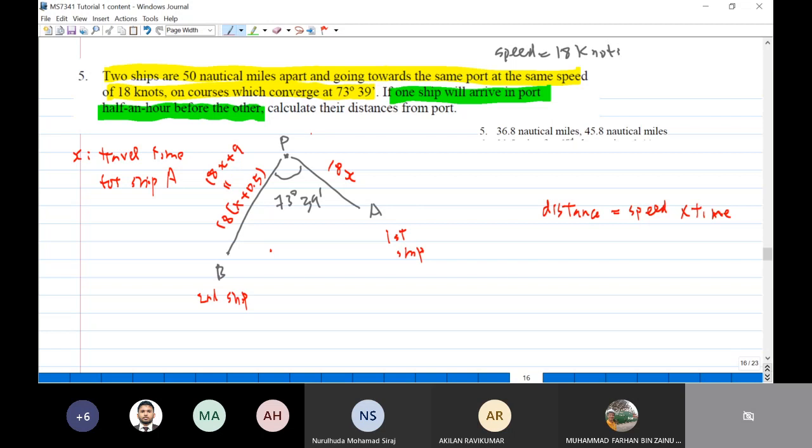So this is the distance between ship B and the port.